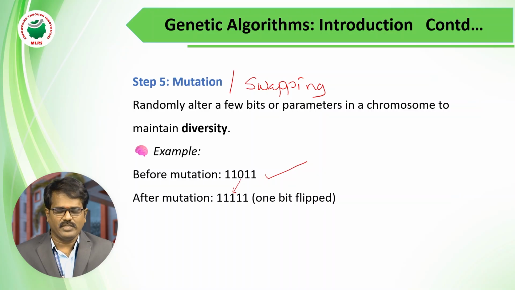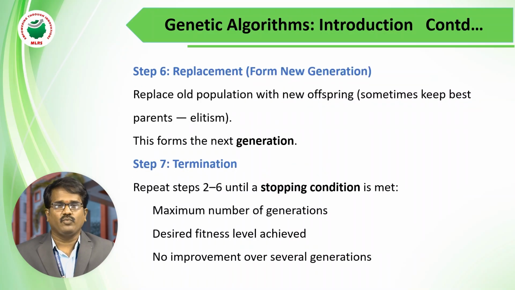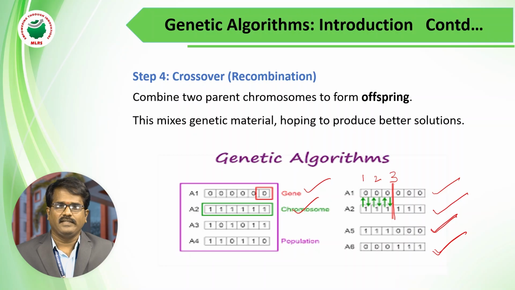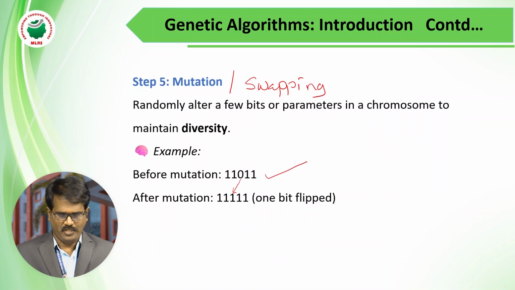After performing the mutation, now we got two new offsprings here, A5, A6. Those two offsprings are added to the initial population. In the initial population, we have four chromosomes, right? After performing all these operations like selection, crossover and mutation, we got two more children, A5 and A6.